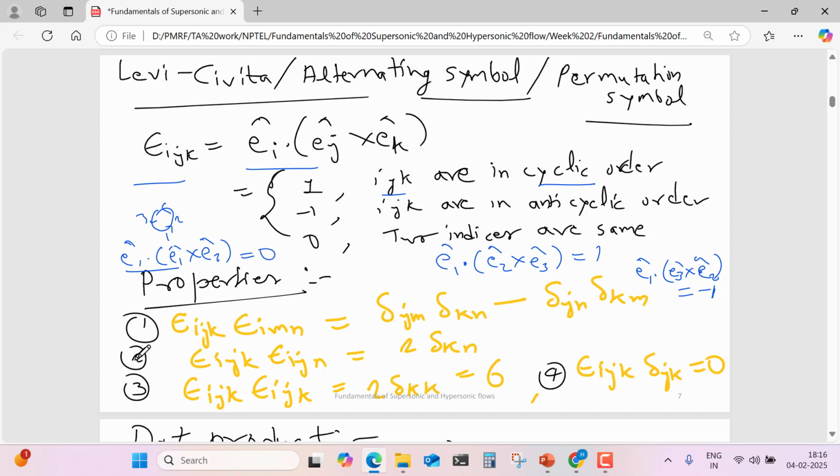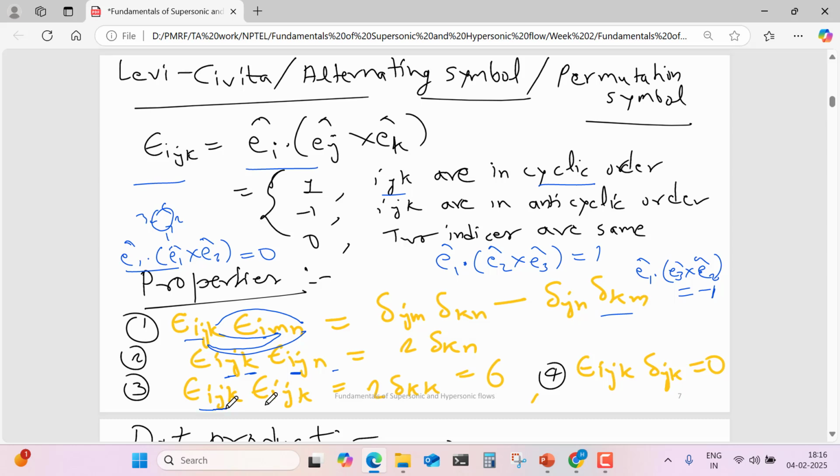There are also some properties of this Levi-Civita symbol. If you multiply two of the symbols with one index the same, epsilon lmn ijk... epsilon ijk into epsilon imn, then it will become equal to delta jm into delta kn minus delta jn into delta km. If two of the indices are the same, then it will become equal to 2 into delta kn.